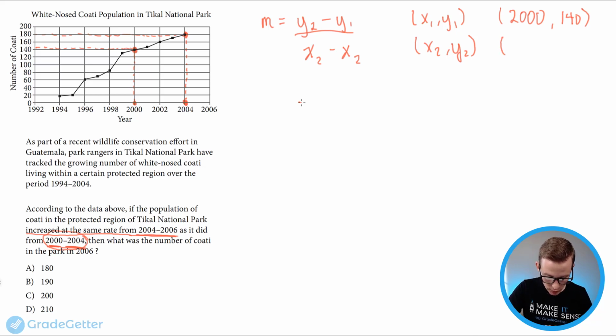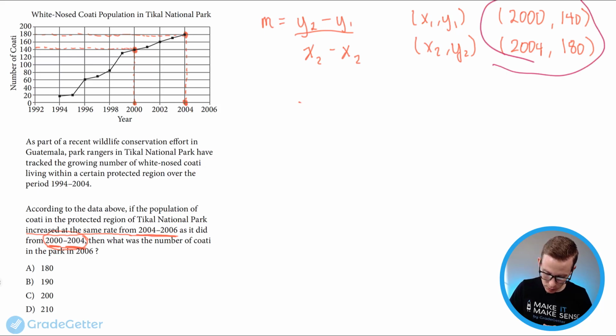And then our x2 is going to be at the year 2004. And the number of coati at 2004, we drew a line to 180. Okay, so we have our x1, y1, our x2, y2. Now we just plug these values in to our slope equation.